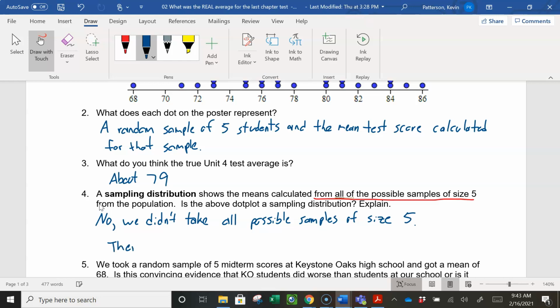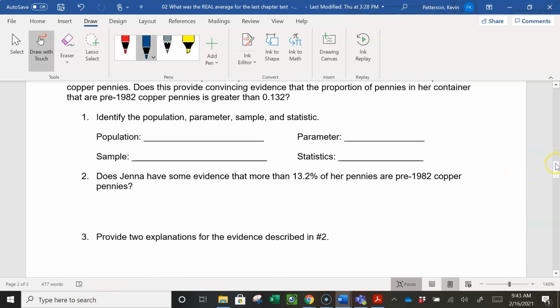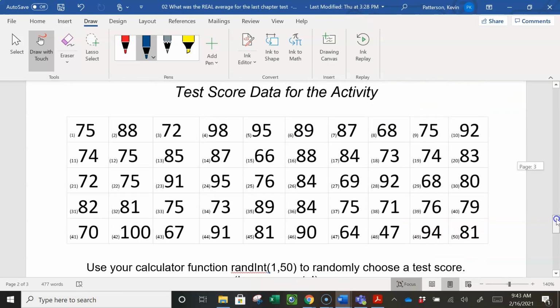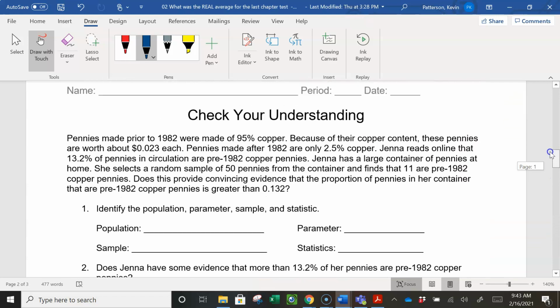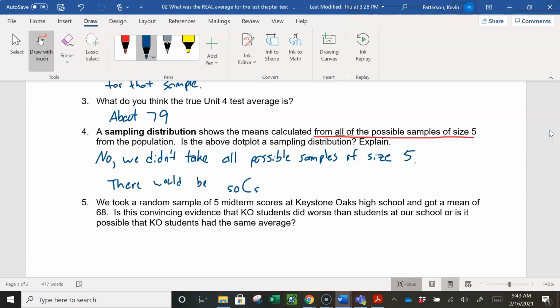Okay, look at how many there would be. If we have 50 things and we're choosing 5 of them, how many different ways can that be done? And I'm saying 50 because remember there were 50 test scores and we're choosing 5. So if we put in our calculator 50 choose 5, it actually ends up being over 2 million.